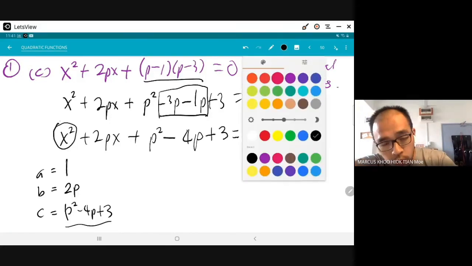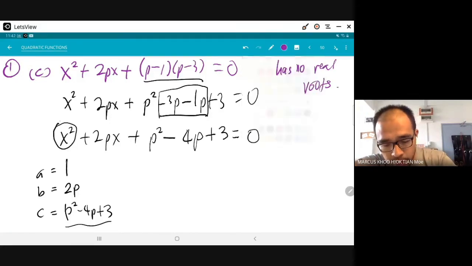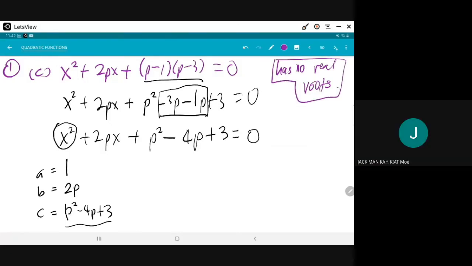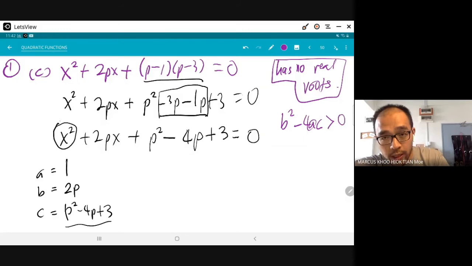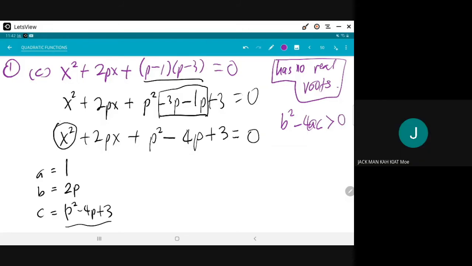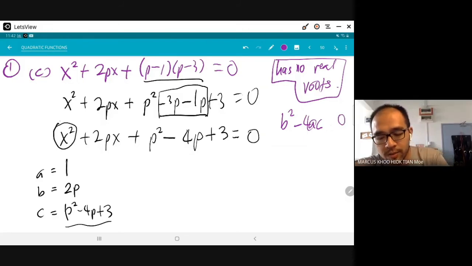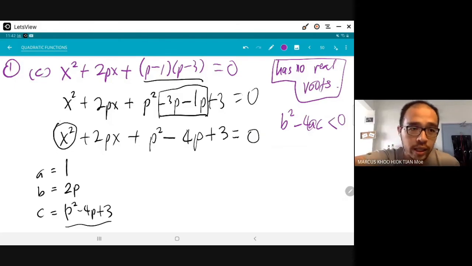Okay, no real roots. Jack, can you tell me no real roots means what? Means b squared minus 4ac is more than 0. More than 0? Negative. Oh, okay, smaller than 0. Okay, good, thank you.